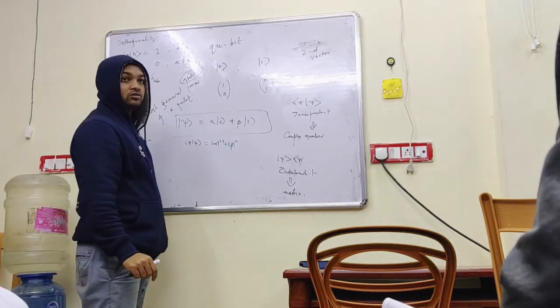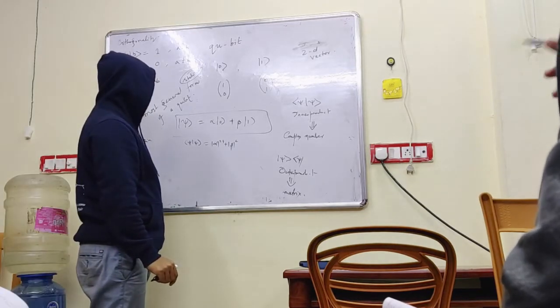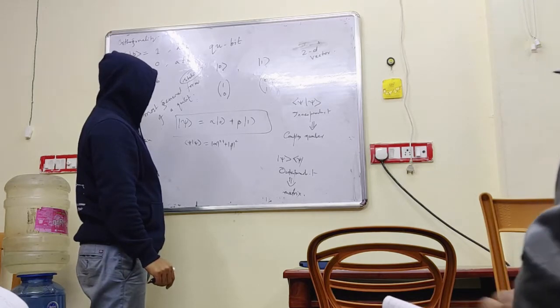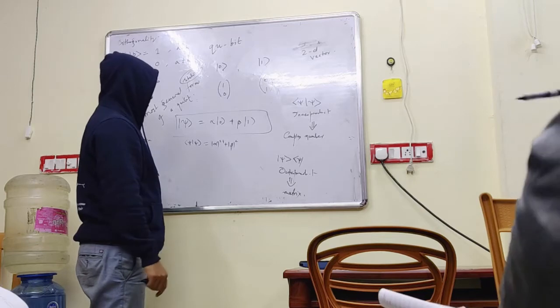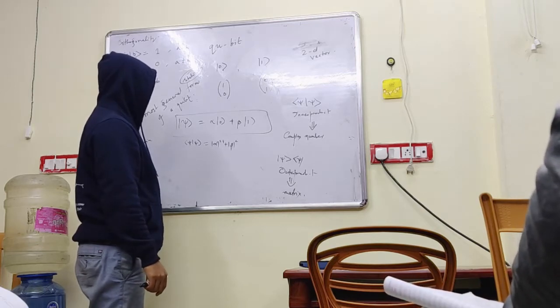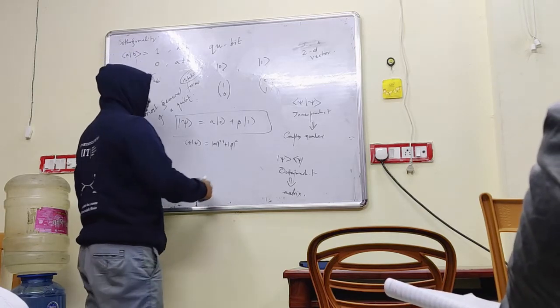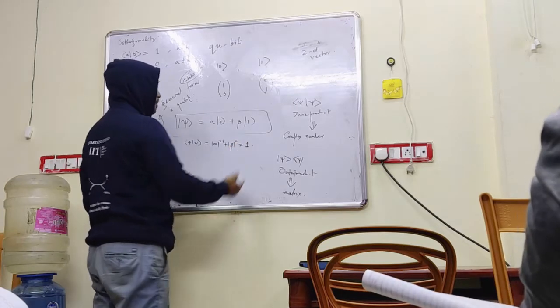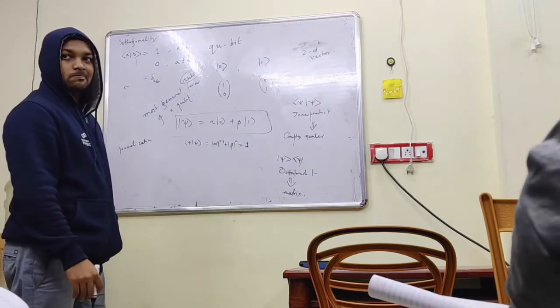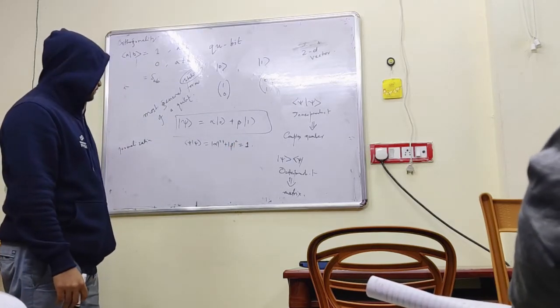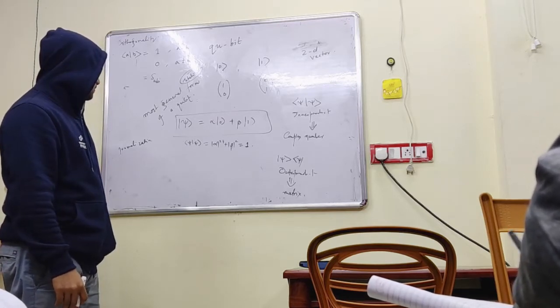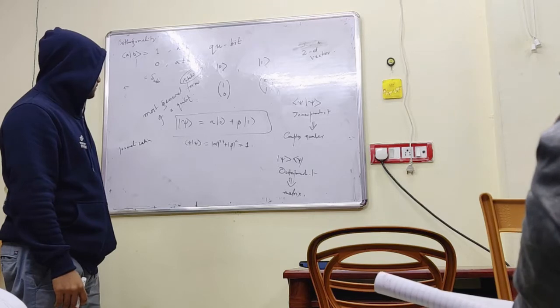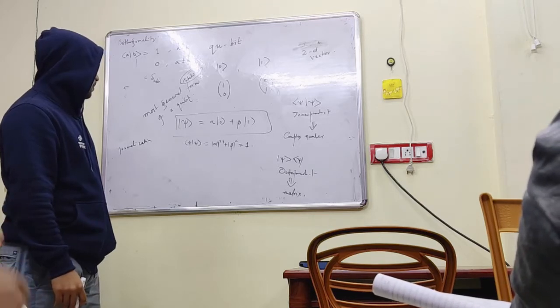Alpha mod square plus beta mod square equals 1. So this thing has to be 1. And here there are also conjugates, alpha prime and beta prime are conjugates.